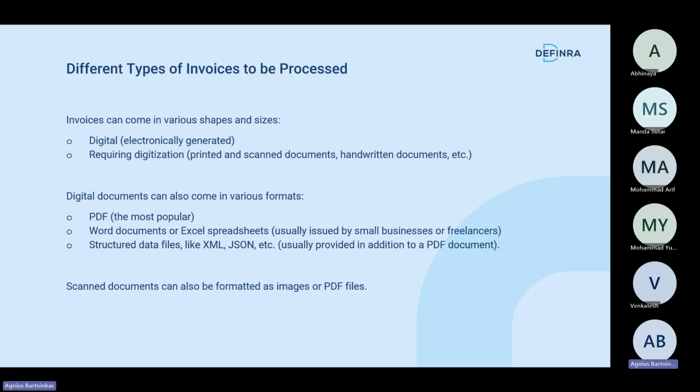They could be printed and scanned documents that either we receive as a printed document and then scan it, or in some cases, even the supplier themselves might print it, then sign it by hand, and then scan it and send it over by email.